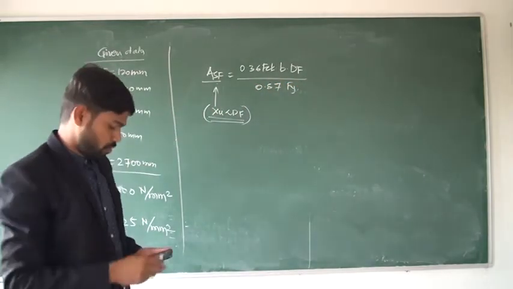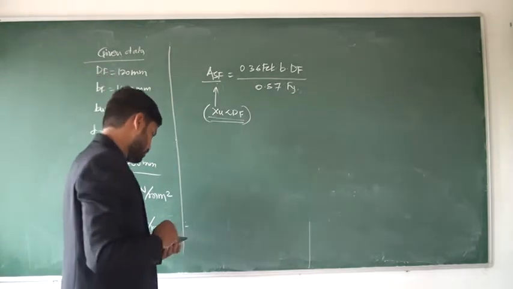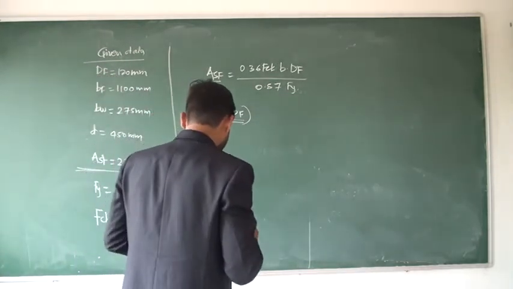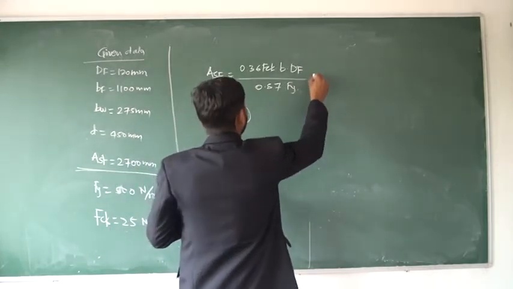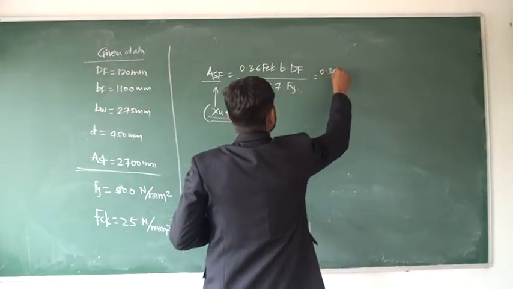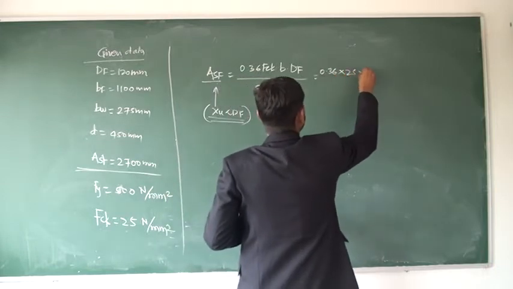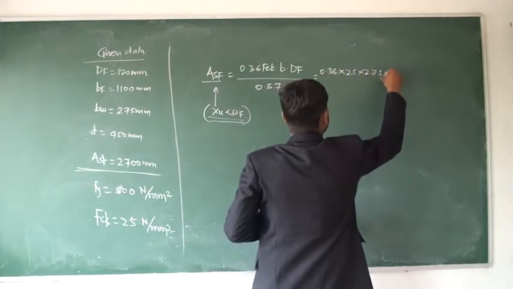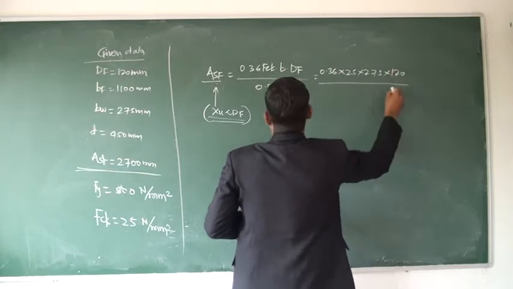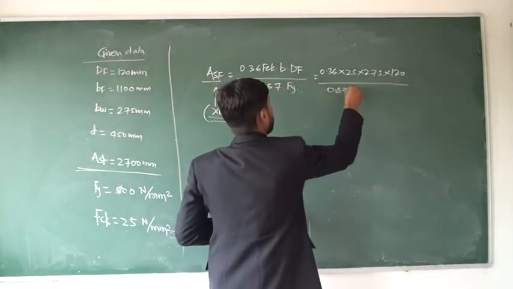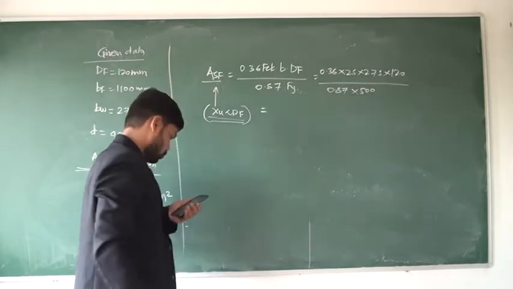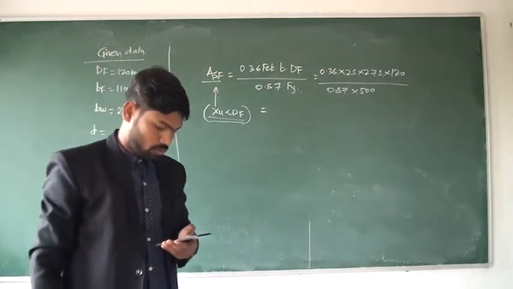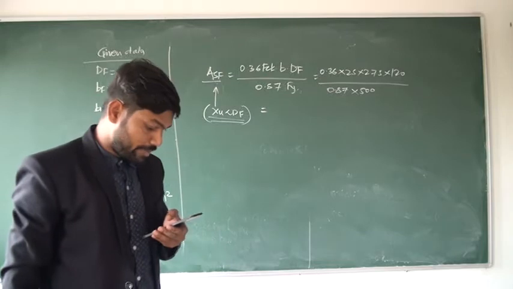Okay, now substitute all the values, we know the values. 0.36, FCK is 25, B is 275, df is 120, 0.87 into 500. If you calculate this, you will get this value 2731.